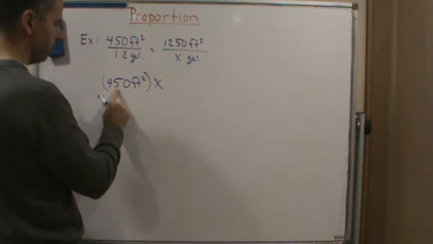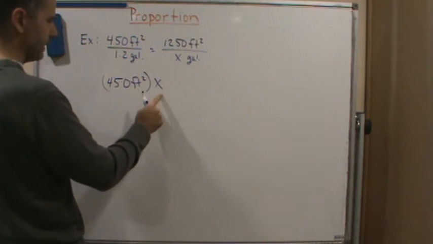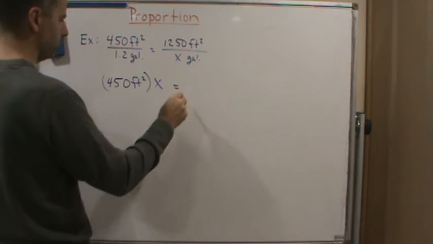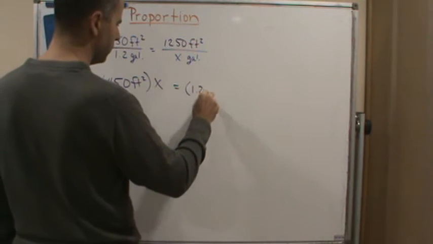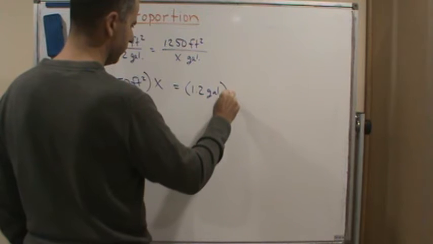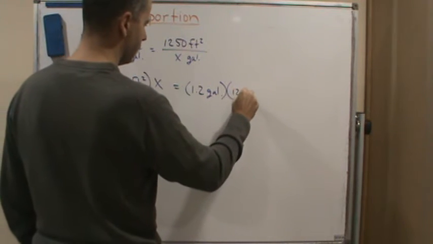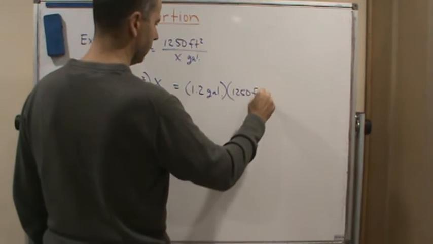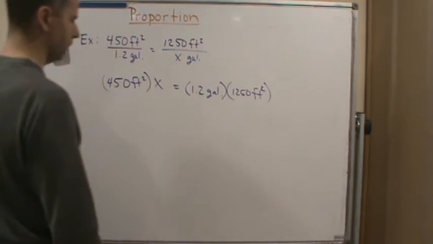just to show you that the units are going to work out. So I've got 450 square feet times x is equal to 1.2 gallons times 1,250 square feet.